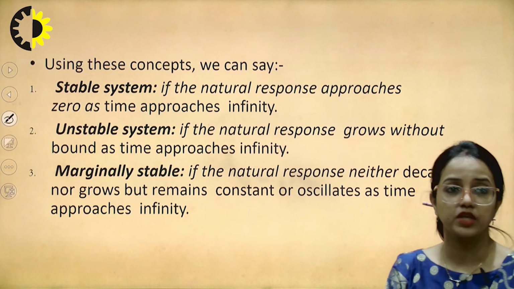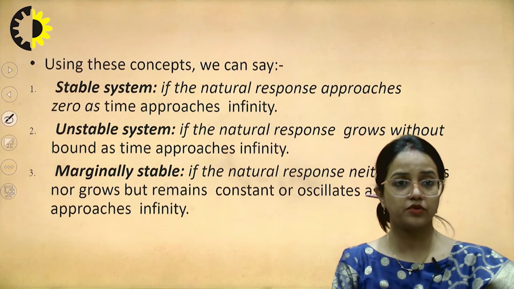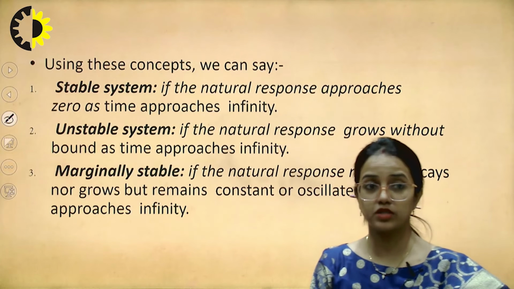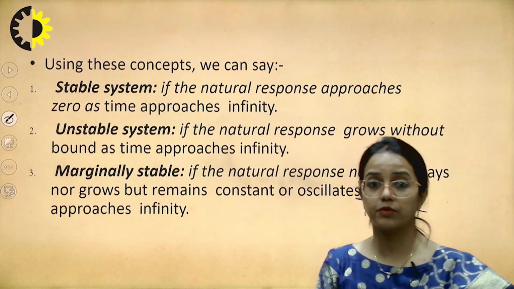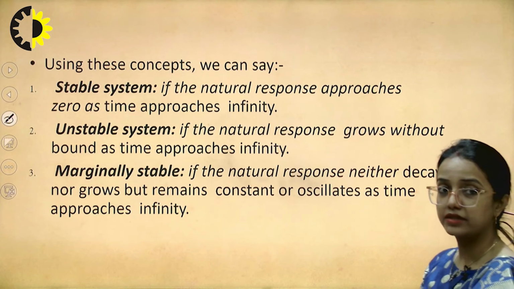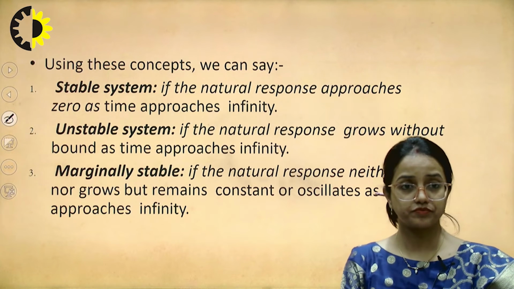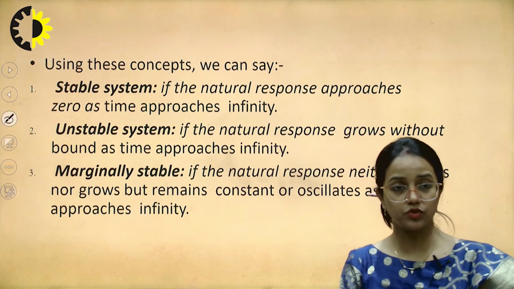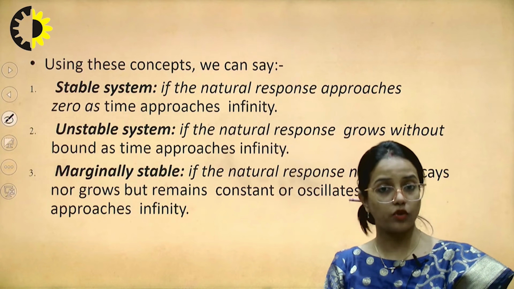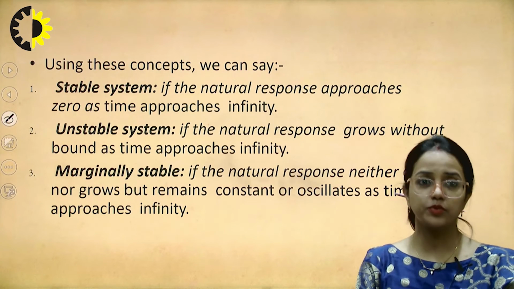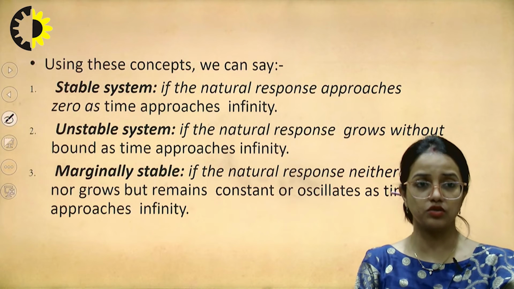Next, using these concepts, we can say a system is stable if the natural response approaches 0 as time approaches infinity. That is a stable system. When we talk about time approaching infinity, the natural tendency of the system, the output of the system, should reach 0 ideally.